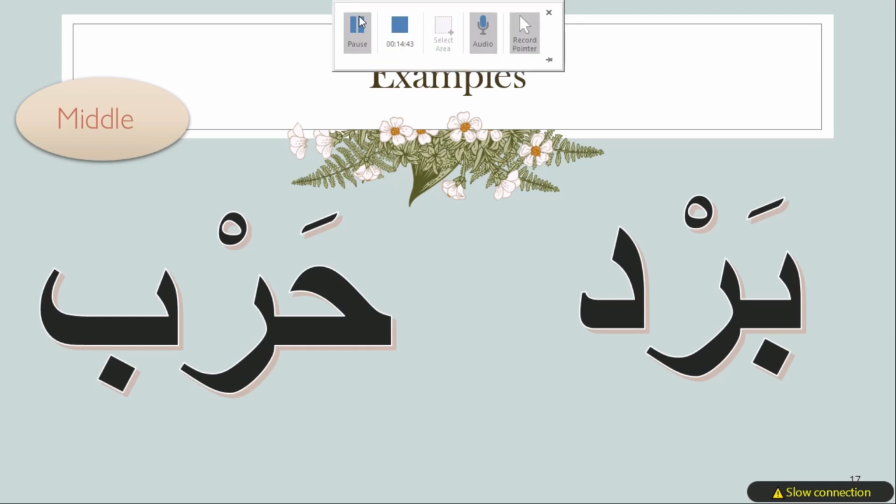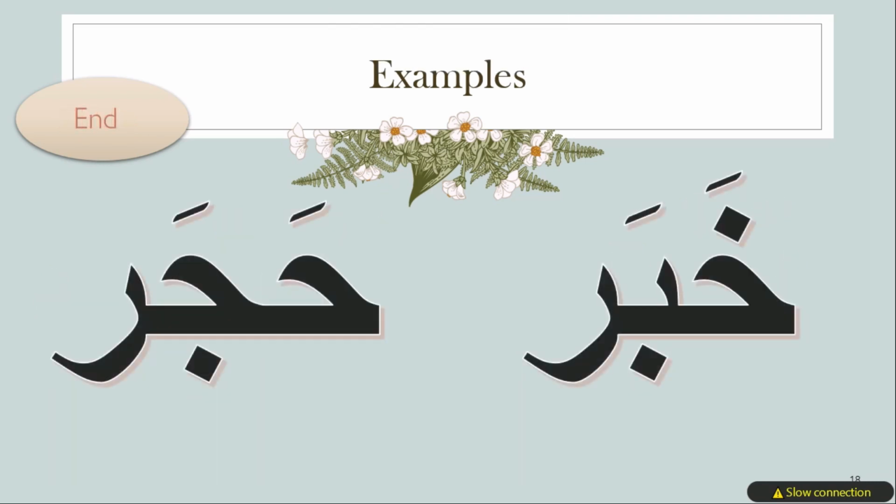Let's see some examples for ra in the end. You should know also the 3 letters here. The curve with a straight line, and it has one dot above, so this is kha.